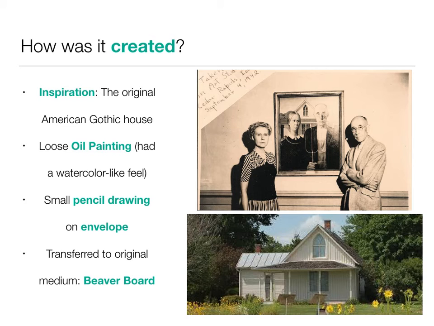And it started off with a loose oil painting and had a watercolor like feel, and then it went into a small pencil drawing on an envelope, which I think of as a thumbnail, which artists do to kind of get the idea down. And then that was transferred to the original medium, beaver board, that then created the original work.